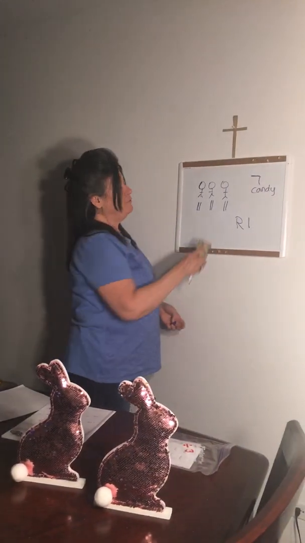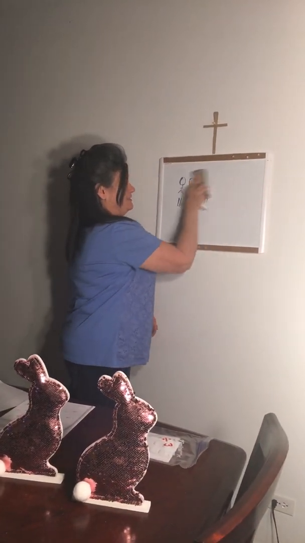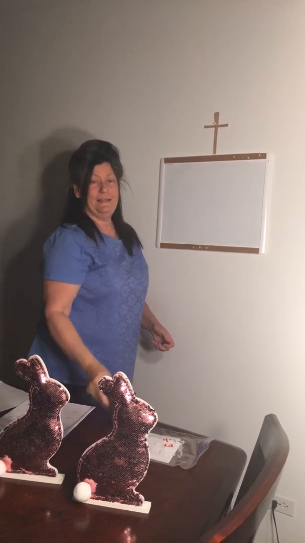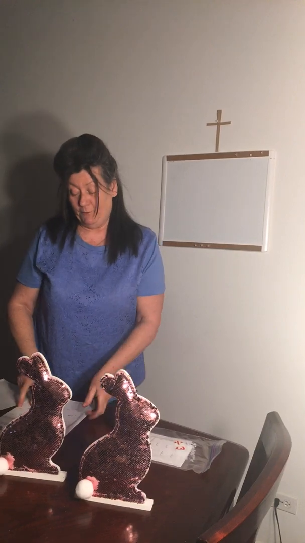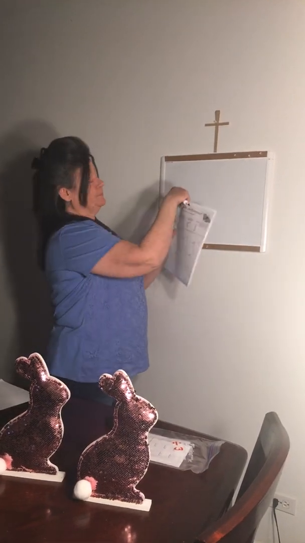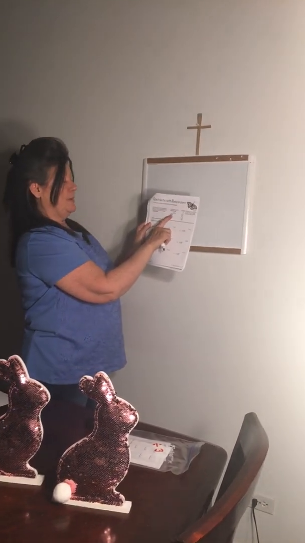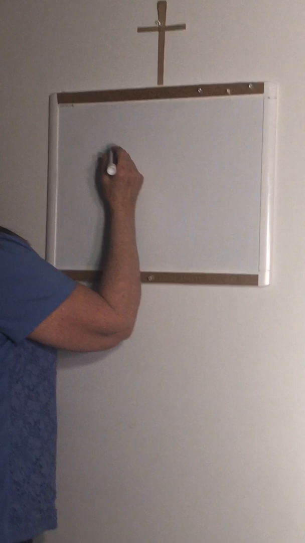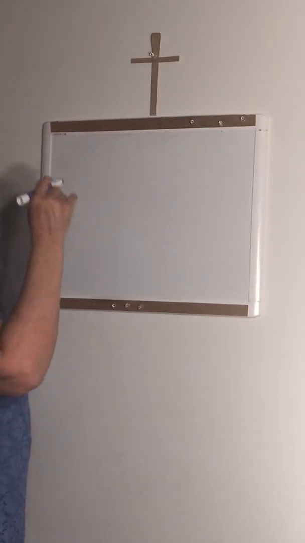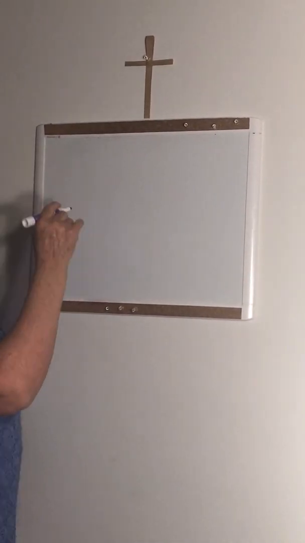Something is left over. And that can happen in a division problem when you're dividing things up and it's not even. So let's look at the first problem here. The problem says 23 divided by 3. Write that on here. Remember, we write the number in the house first, which is called the dividend.